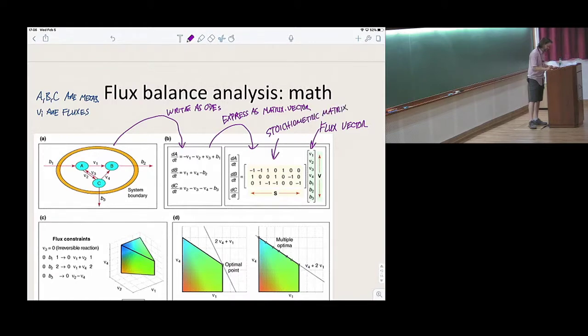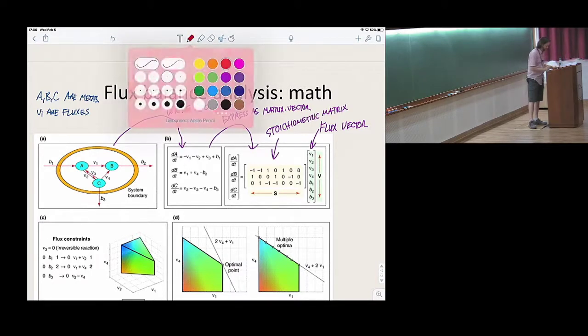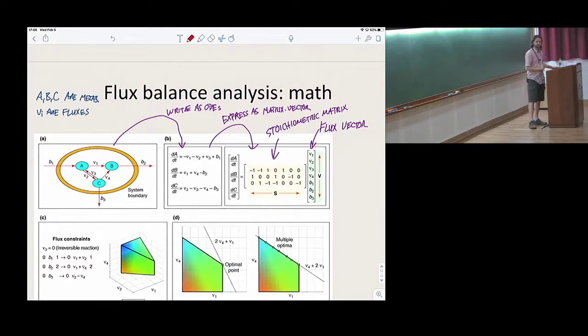And just to be clear, what are the rows and the columns of the stoichiometric matrix? If I were to pick out a row, what does that row represent? Effect upon B. That's metabolite B. What would a column be? Let's pick a column.